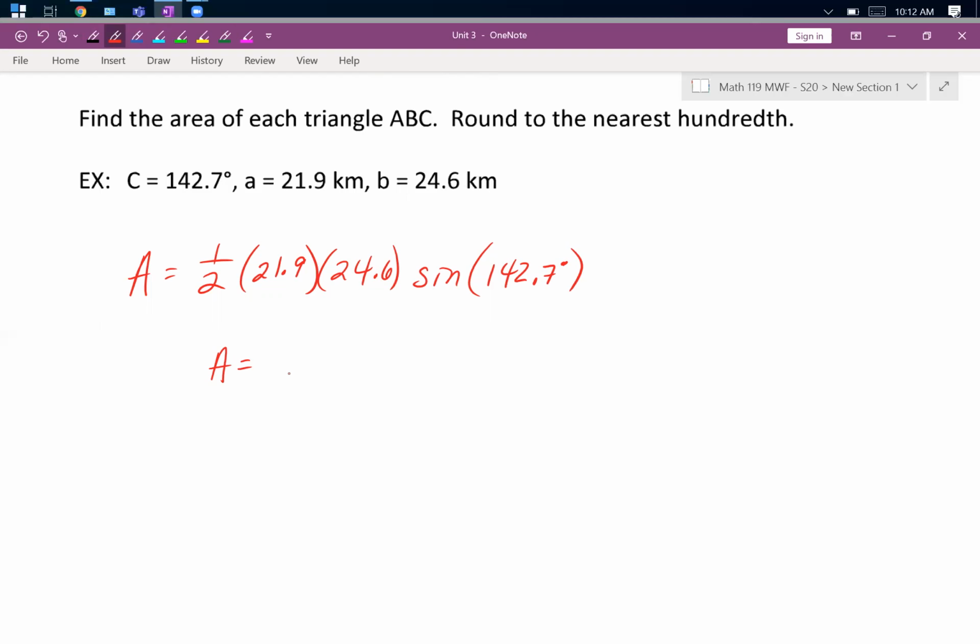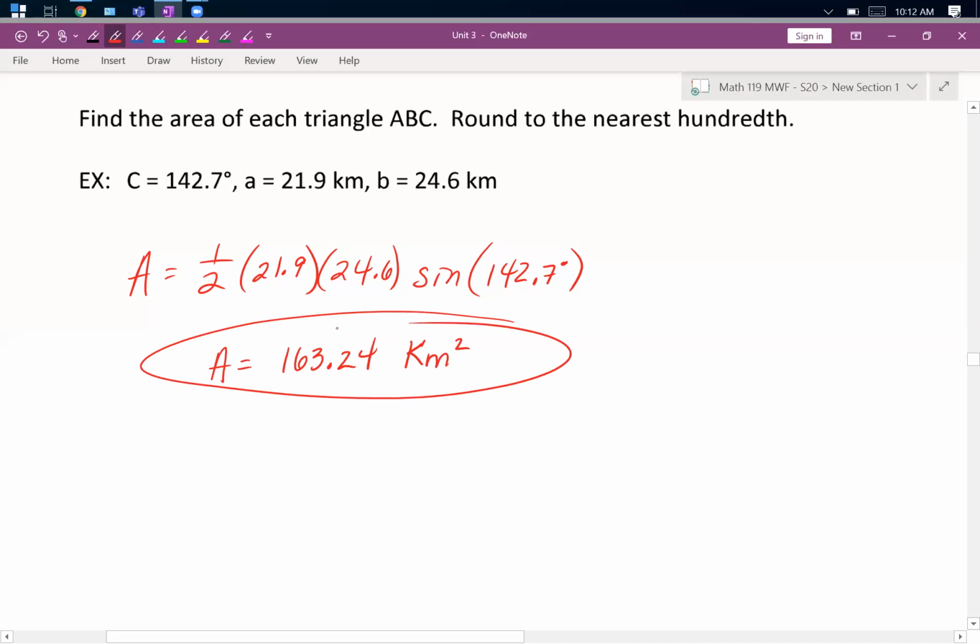Anybody got an answer? I got 163.24. Anybody else get that? Yes. All right, and then our unit's going to be square kilometers. Questions at all?